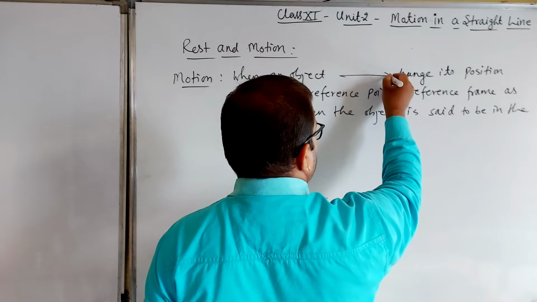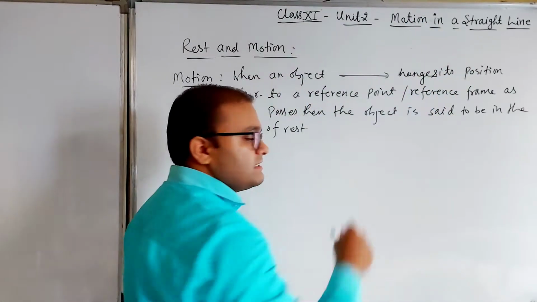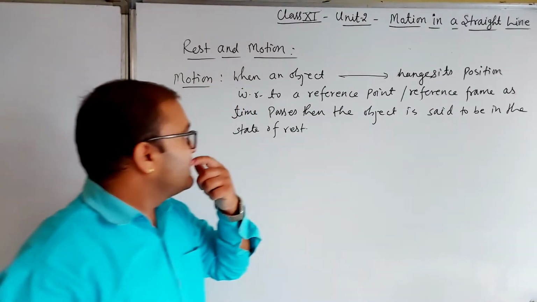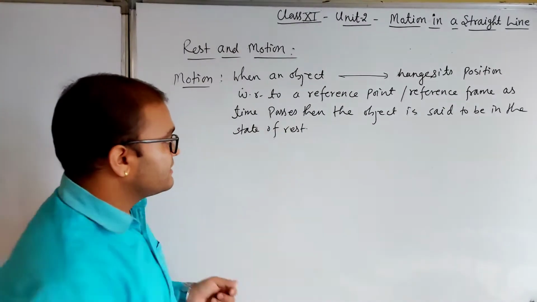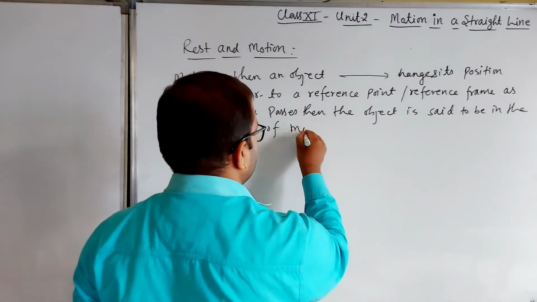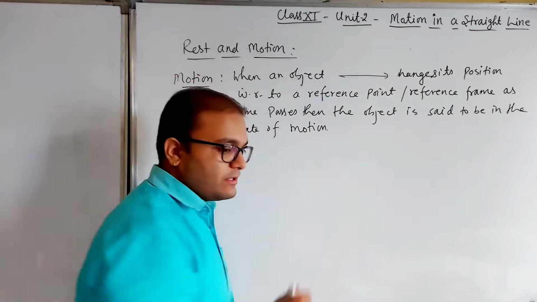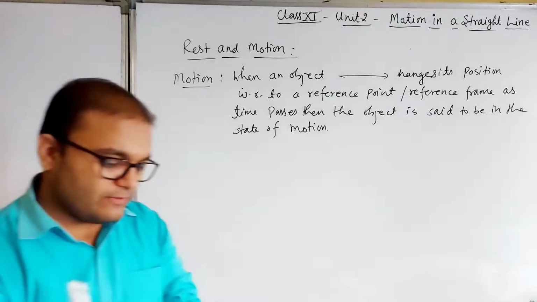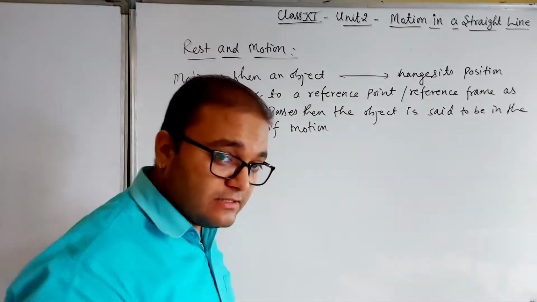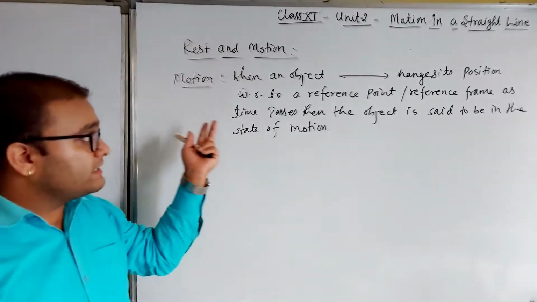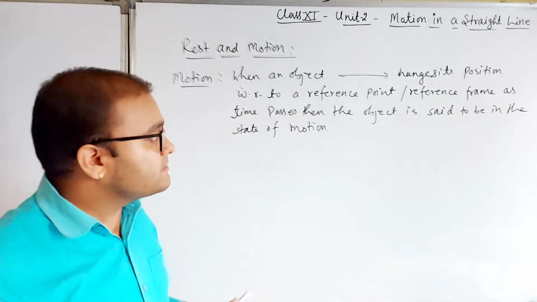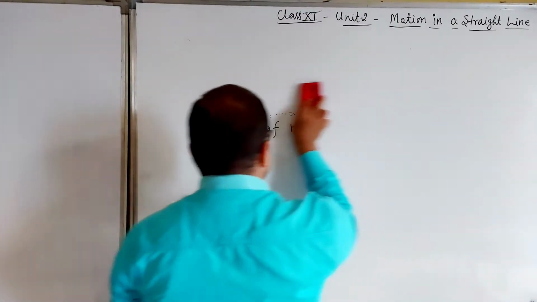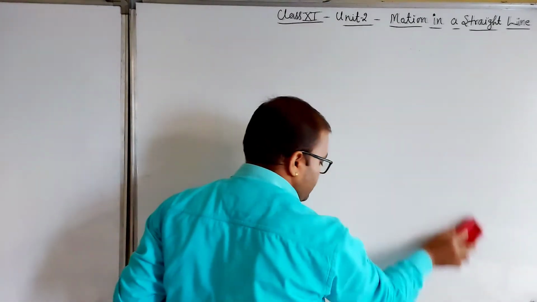When an object changes its position with respect to a reference point or reference frame as time passes, then the object is said to be in the state of motion. So this is about rest and motion.